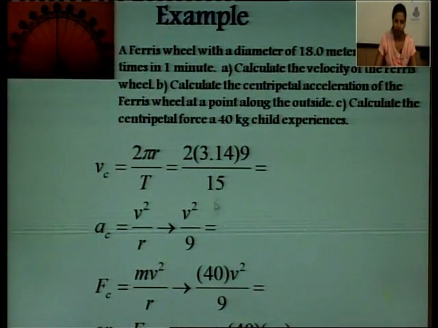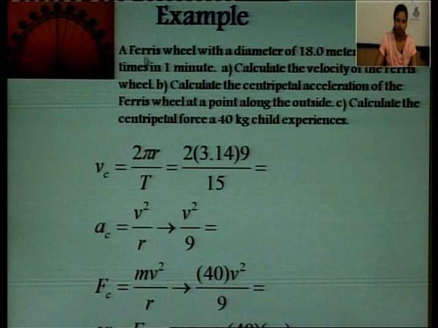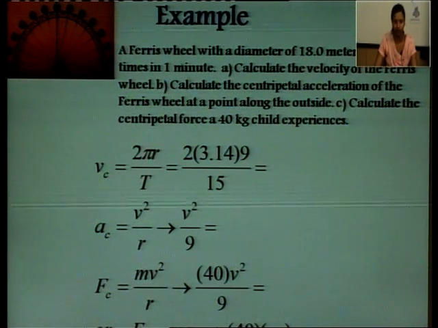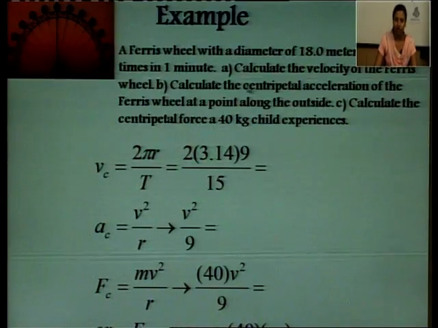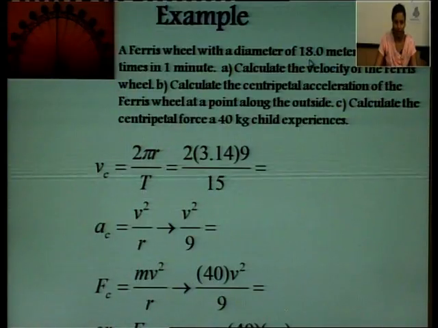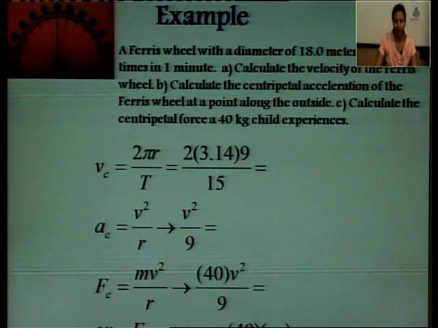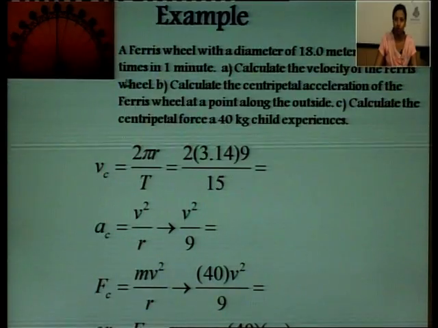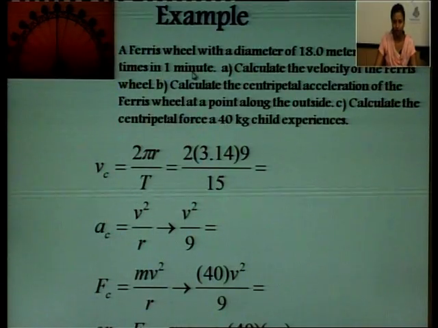Now we will solve some numericals related to the portion we already discussed. A Ferris wheel with a diameter of 18 meter, so its diameter is 18. So radius is half of the diameter, 9 meter. It rotates 4 times in a minute.